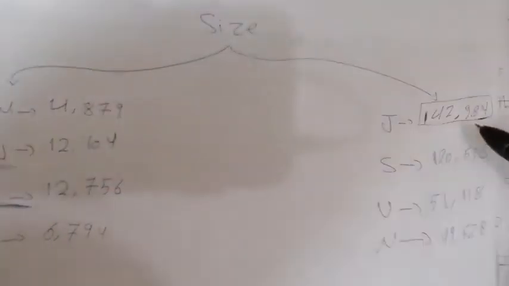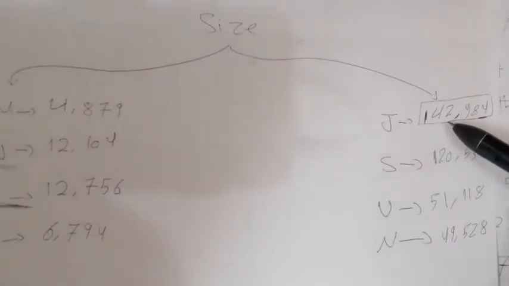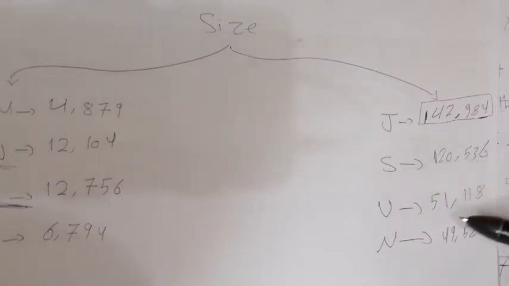So the biggest planet in the outer planets is Jupiter, with 142,984 kilometers. Next, 120,536 kilometers, Saturn. Third, Uranus, 51,118. Neptune, the smallest planet in the outer planets.